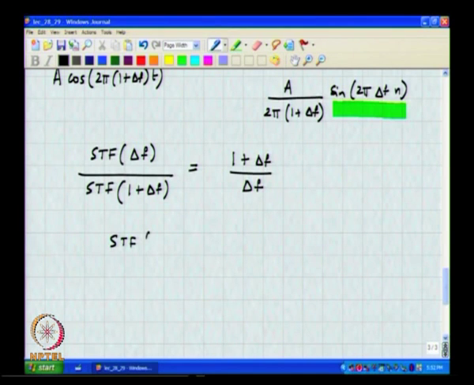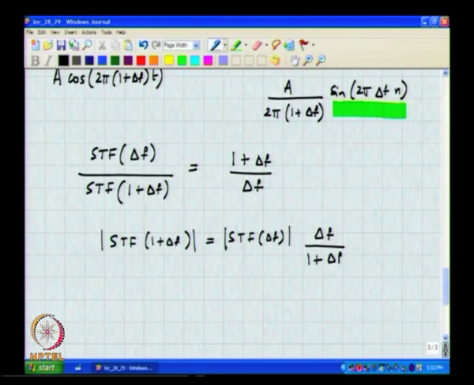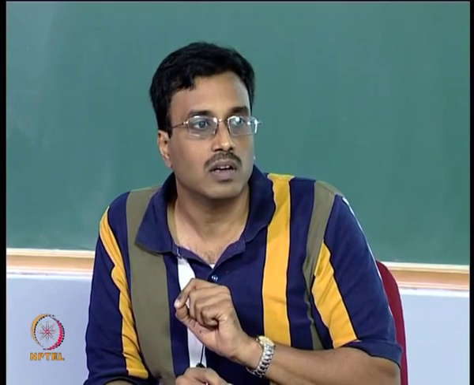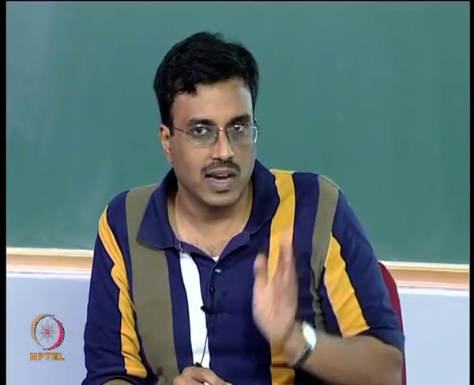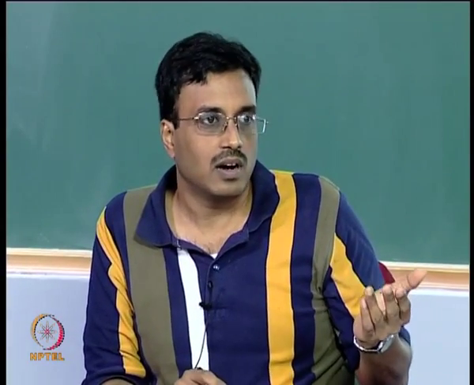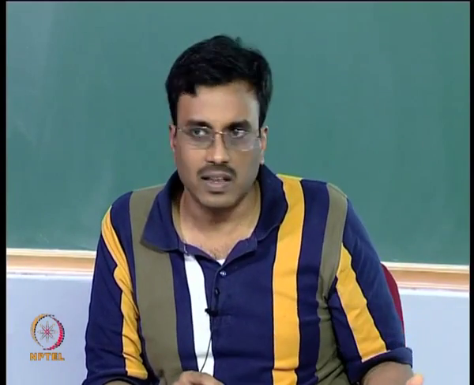STF at 1 plus delta f is nothing but STF at delta f multiplied by, in this particular case, delta f divided by 1 plus delta f. If delta f is 0, in other words, if we put in a tone at the sampling clock frequency, which in a normal converter would cause severe aliasing, because the same tone will appear, a tone at the sampling rate will appear like DC.